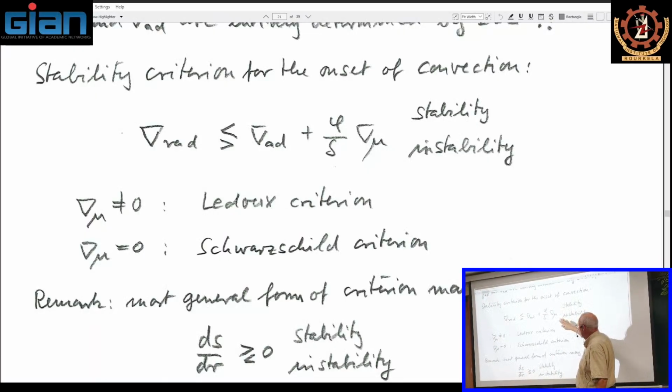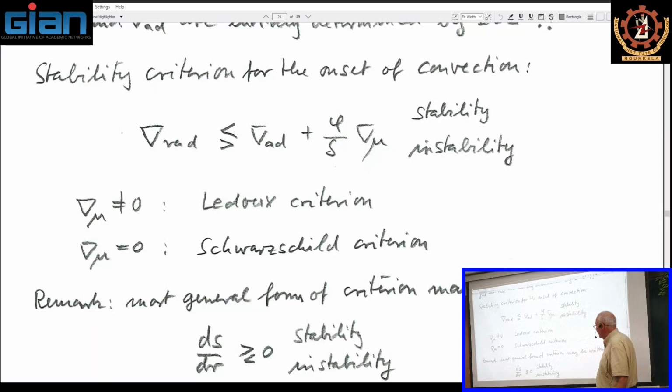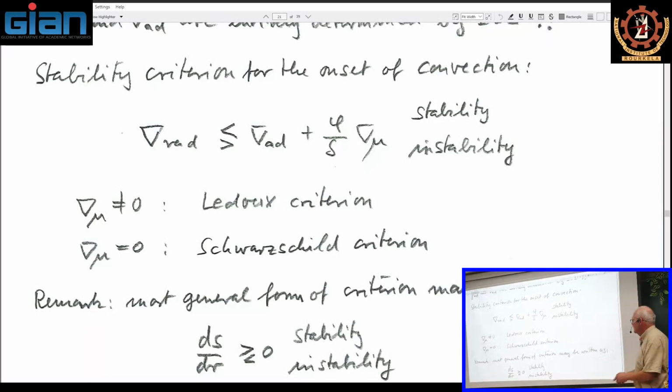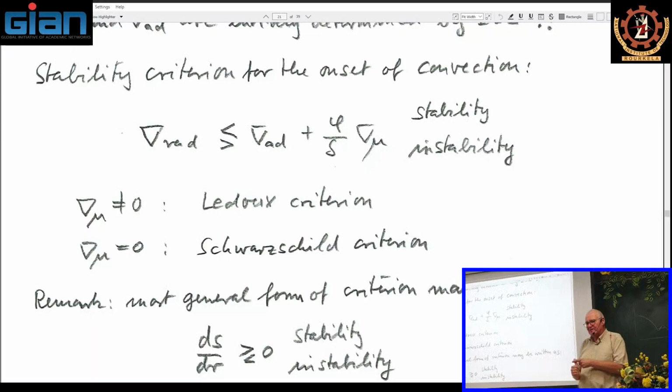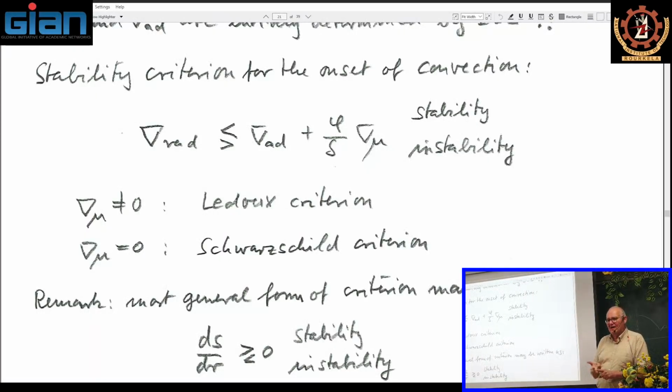And if you want to take into account chemical composition variation, then you have to resort to the Ledoux criterion. So what you see is that the Rayleigh-Taylor criterion, the Ledoux criterion, and the Schwarzschild criterion are based on the same physics.